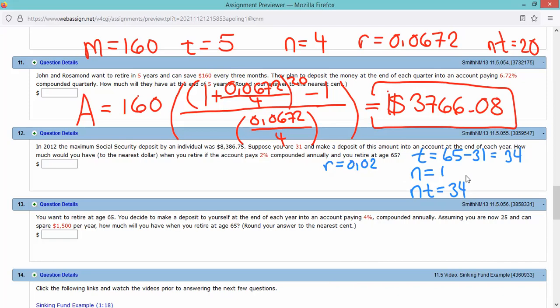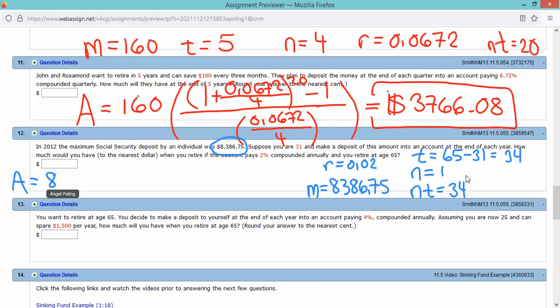and the deposit amount, which is M, 8,386.75, and plug and chug, right?